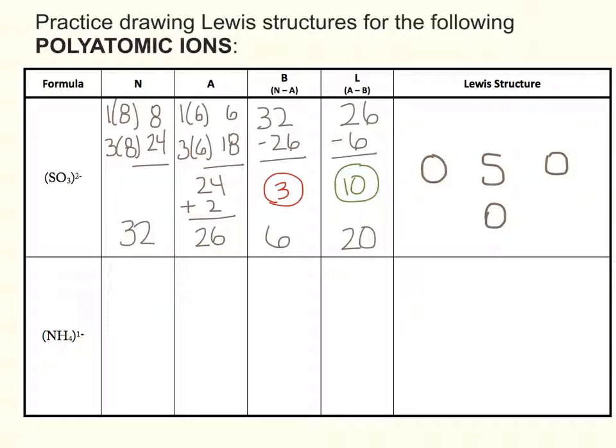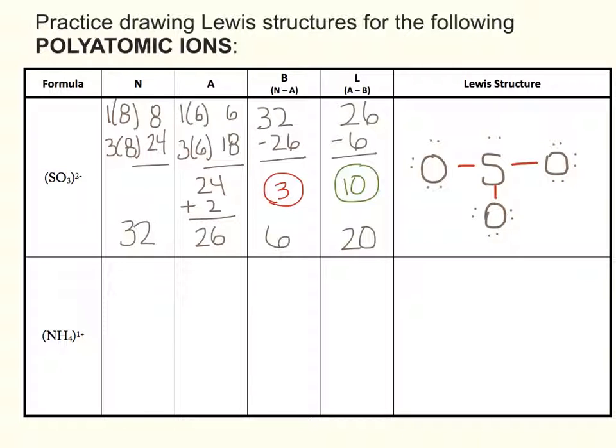We're going to connect the center to the surrounding atoms by our 3 bonds that we calculated, and we're going to place our lone pairs starting with the surrounding atoms first in such a way that each atom present in the molecule can be stable. We've used 9 and our 10th will go there.